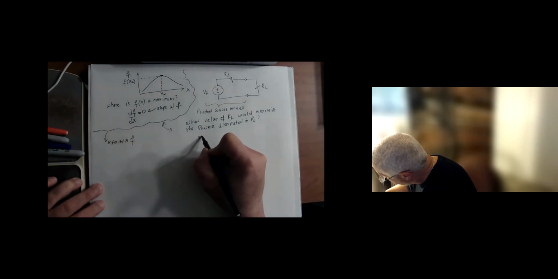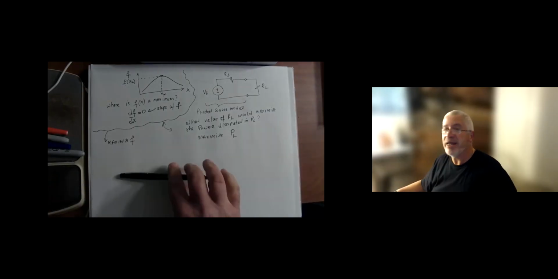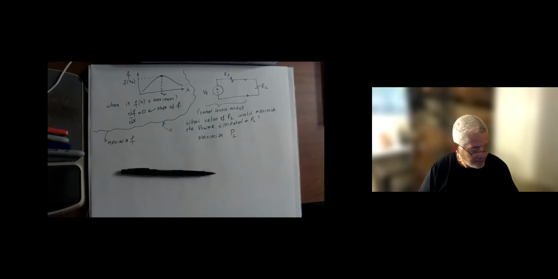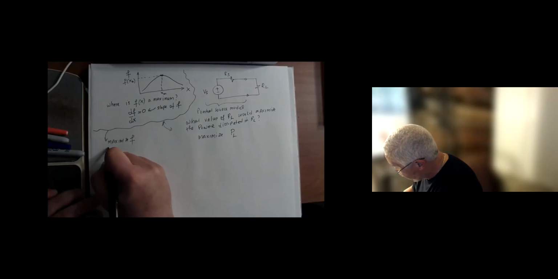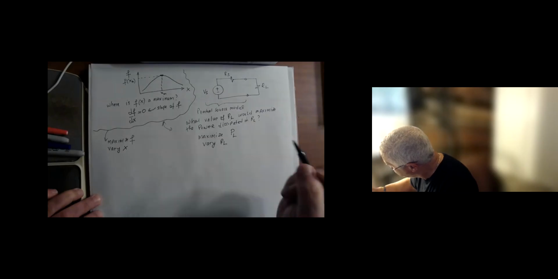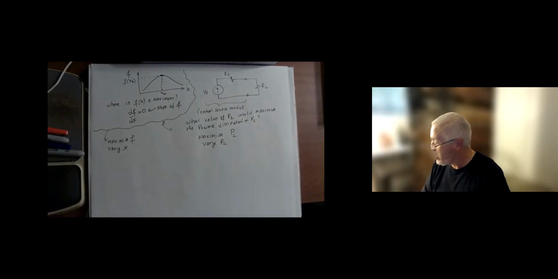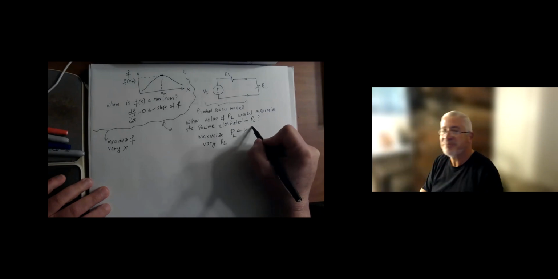Here we're talking about maximizing the power in the resistor, power L. When we maximize f, we vary x. Here we vary RL. So in many respects, this is very analogous to f, and this is very analogous to x. How's that?